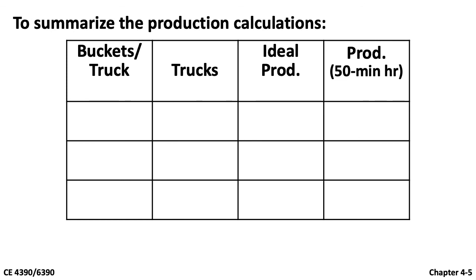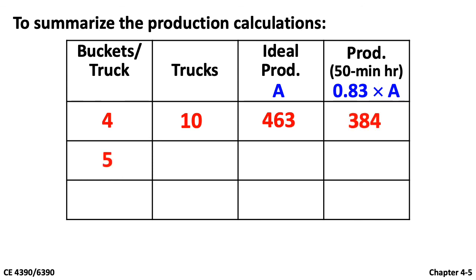So let's summarize the production calculation. With 4 buckets and 10 trucks, the ideal production is 463 loose cubic yards. If you call this column A, the production after considering the efficiency is A multiplied by the efficiency of 83%, which is equal to 384 loose cubic yards per hour.